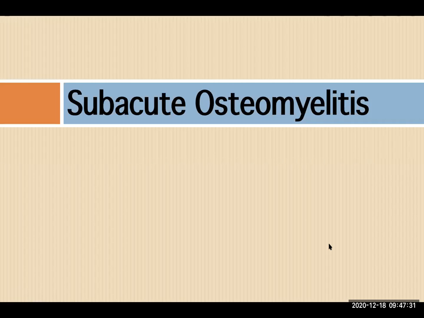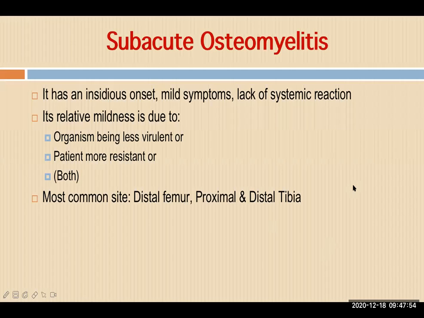If it remains more than 3 weeks, it is called chronic osteomyelitis. But practically, acute is up to 7 days, subacute 7 to 14 days, and more than 14 days or 2 weeks is called chronic osteomyelitis. So that is very well known to everyone. Okay, so with this, let's enter into the topic.